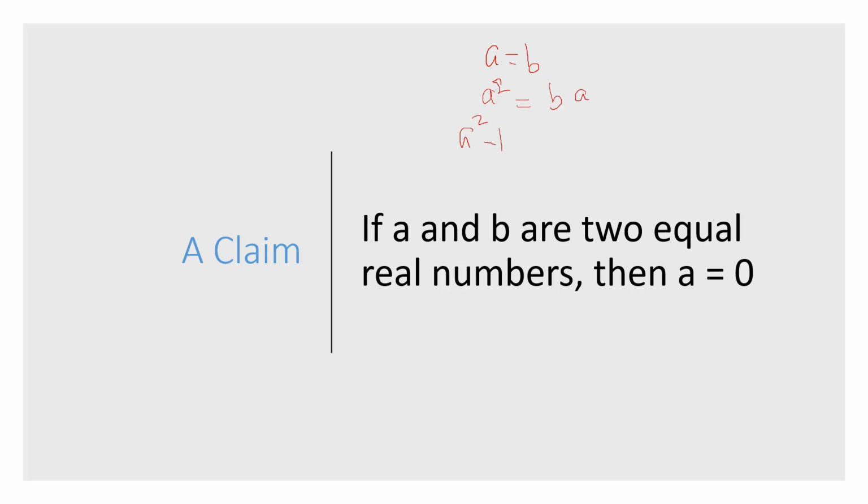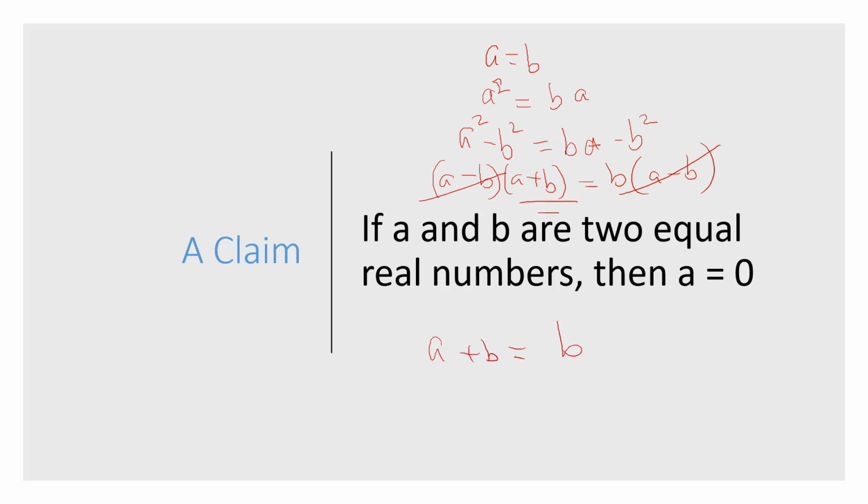I will subtract b squared from both sides, so a squared minus b squared equals ab minus b squared. I will factor this, and then divide by a minus b. That leads to a plus b equals b, and that implies a equals 0.